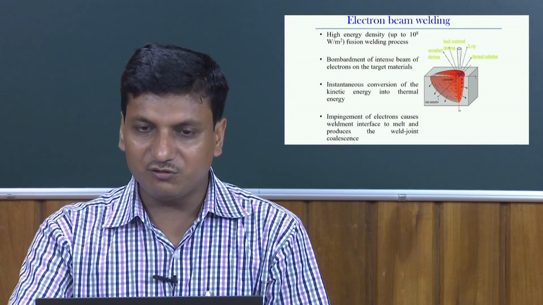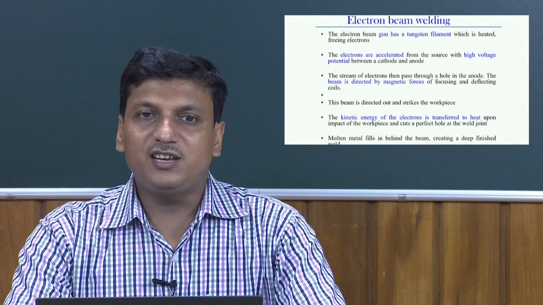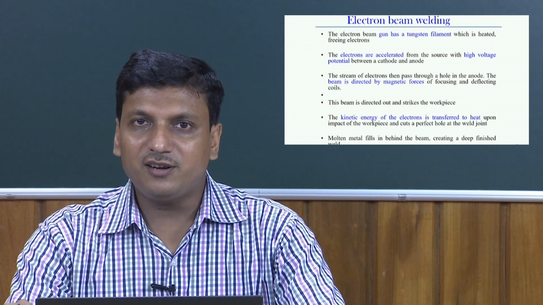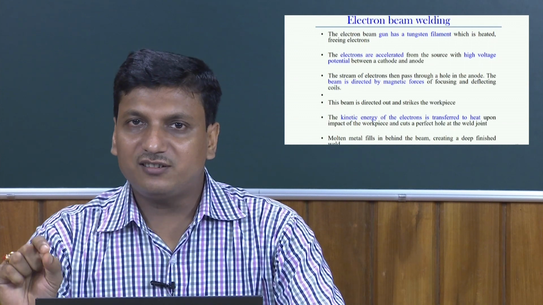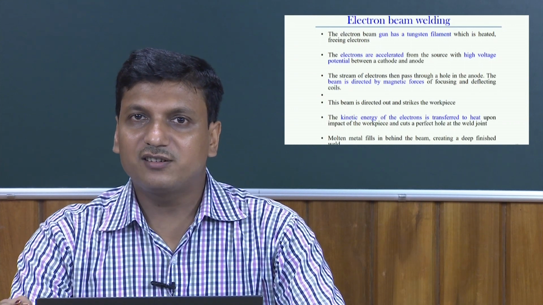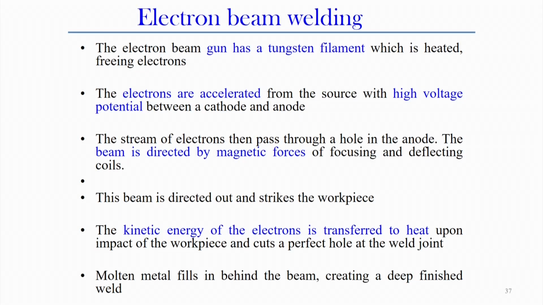So, going further on this electron beam welding process, the electron beam gun we use has a tungsten filament. That tungsten filament is heated to create a pool of electrons. Second, after creation, the electrons are accelerated from the source with a high voltage; if we keep a high voltage difference within the source, the electrons can be accelerated.